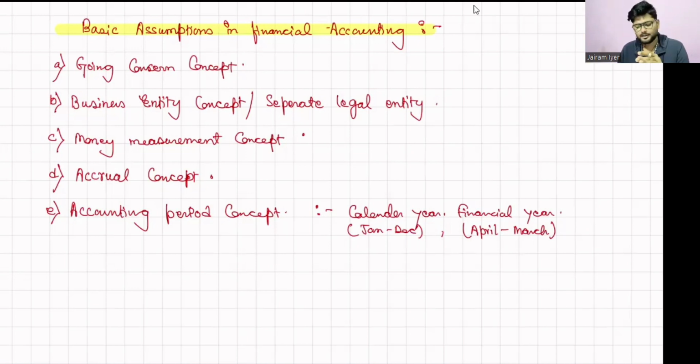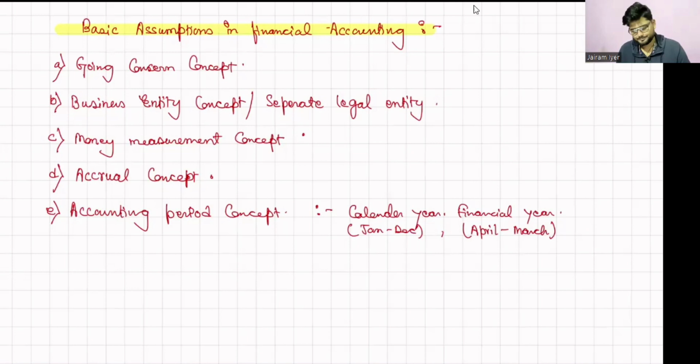The second we read about is the business entity concept, or separate legal entity concept. It simply says that it differentiates the identity between the business entity and the business owner. Money measurement concept, as said by Sanjana, correct, is that we only recognize those events and transactions which have a monetary value or monetary impact on our business.